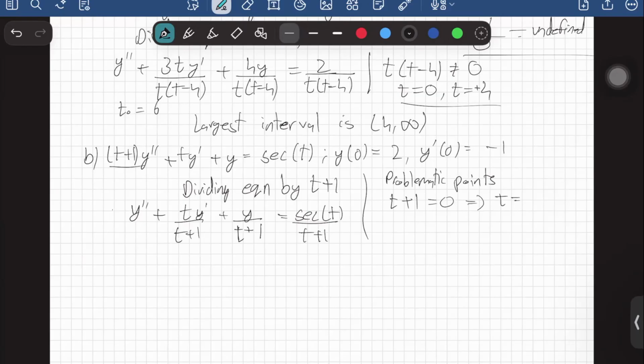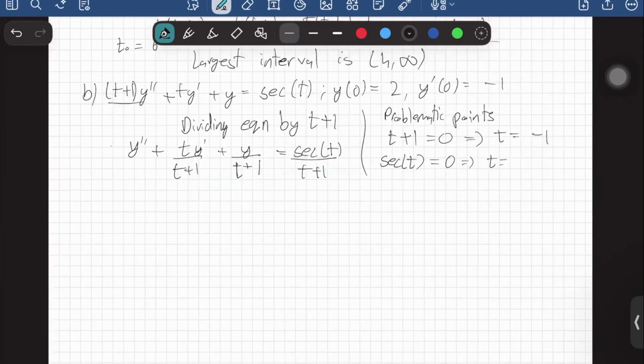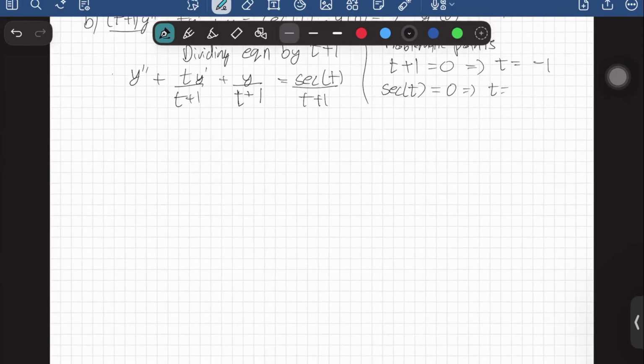So one of the points is t equals negative 1, and the other points are where sec of t is undefined. I'm just going to make a small rough column over here.